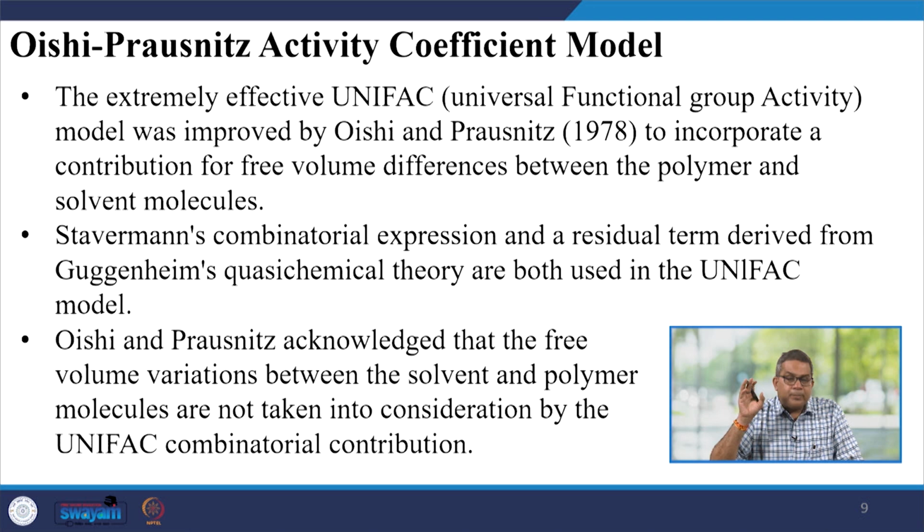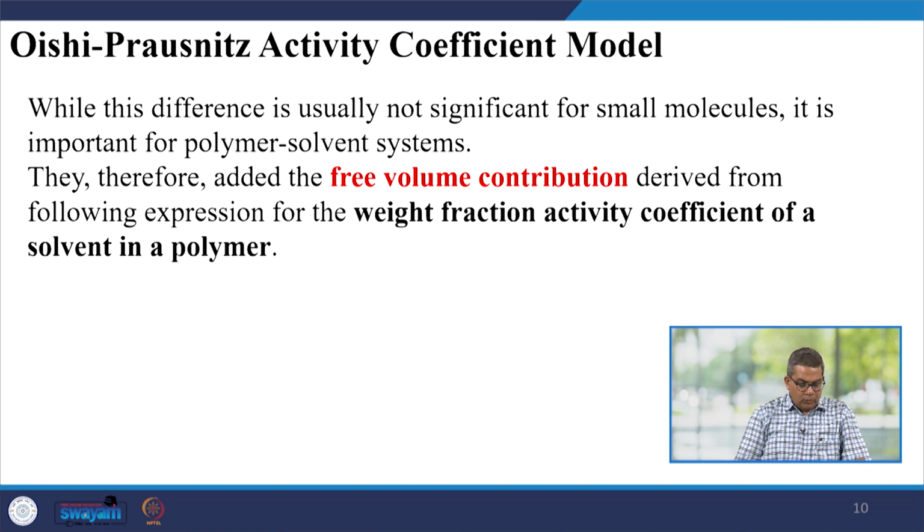The combinatorial expression and the residual term, derived from Guggenheim's quasi-chemical theory, are both used in the UNIFAC model. Now, Oishi et al. acknowledged that the free volume variations between the solvent and the polymer molecule are not taken into consideration by the UNIFAC combinatorial contribution. While this difference is usually not significant for small molecules, it is important for polymer solvent systems.